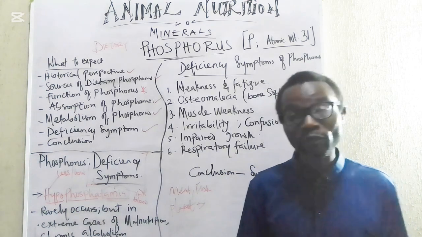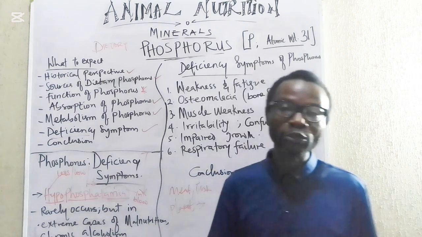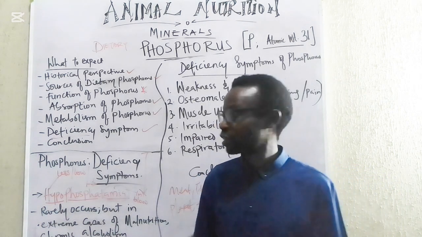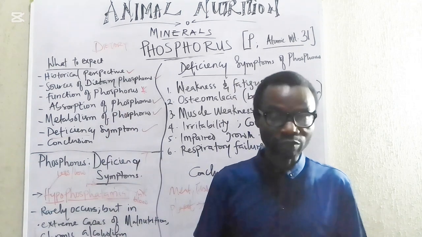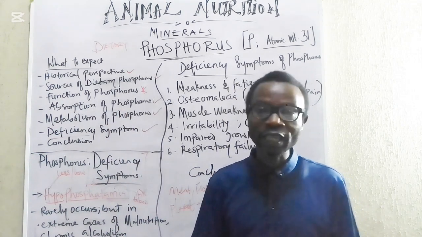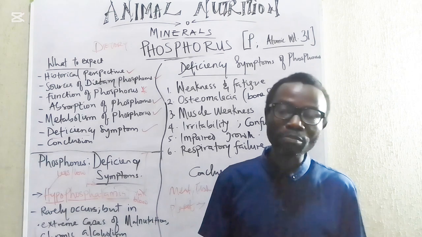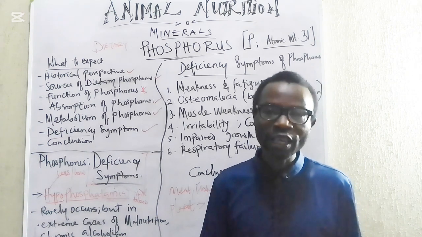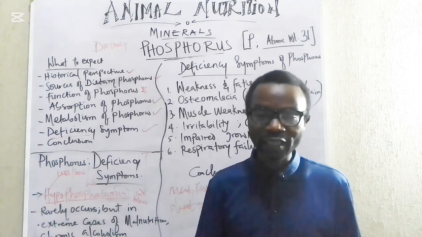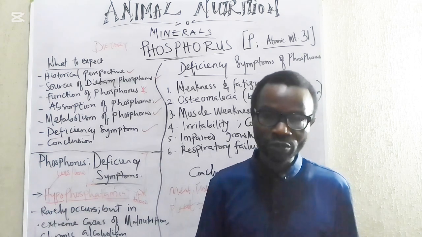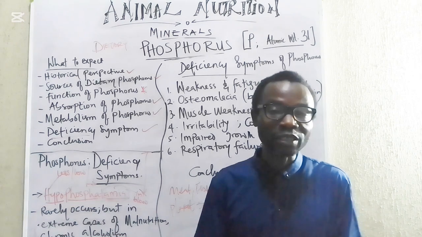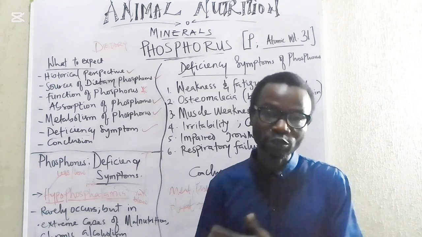Three hormones, apart from others, are very key. Calcitriol, which is the vitamin D precursor, helps in the absorption of it. Another hormone is parathyroid hormone, and the FGF23, that is fibroblast growth factor, is also another hormone which regulates the presence of phosphorus in the body.